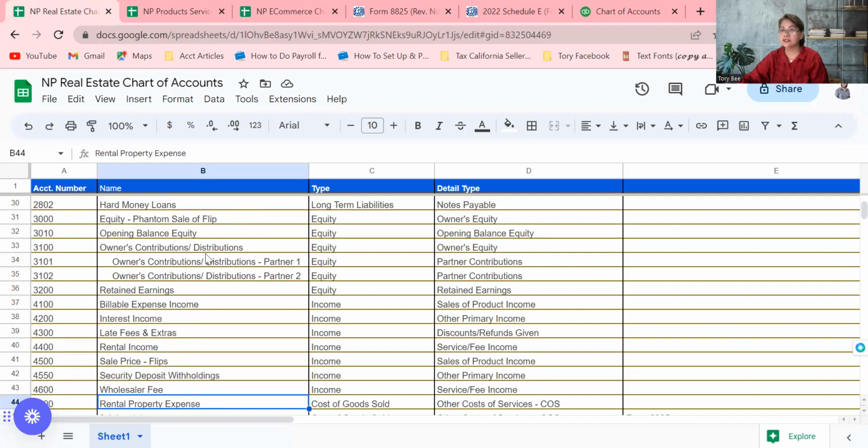Hard money loans. I think these hard money loans are loans that are not from government entities, but from private people.